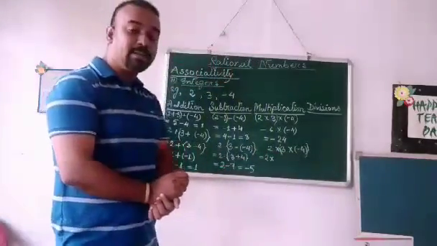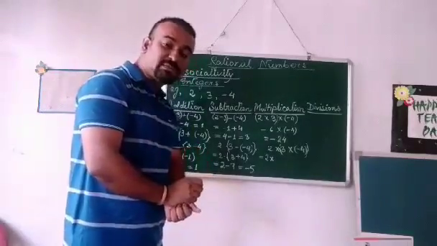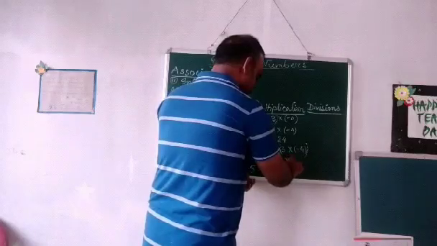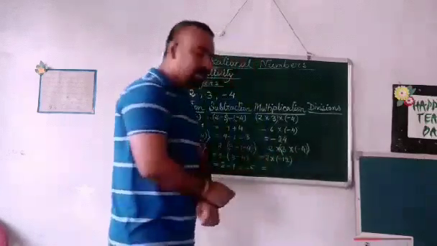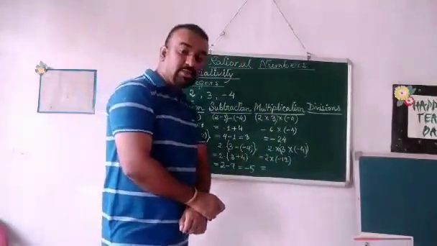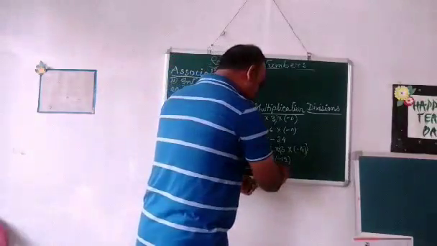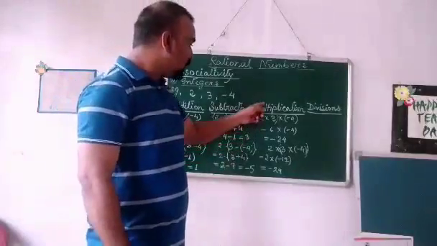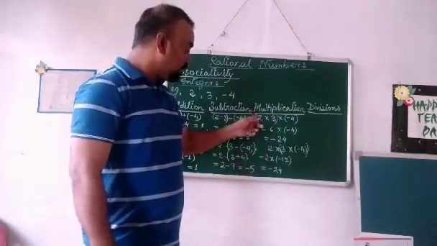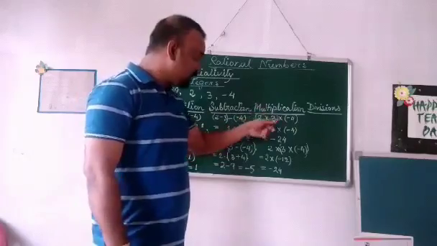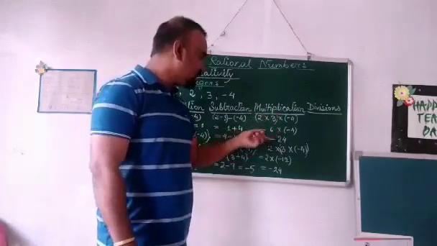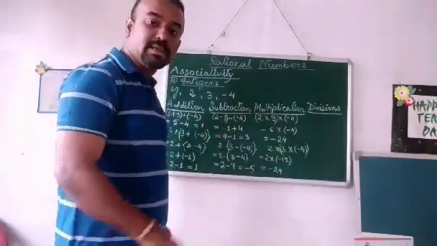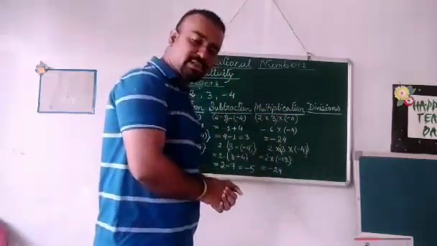So when you multiply 3 and minus 4, you will get minus 12, and when you multiply 2 and minus 12, it will be equal to minus 24. So here you have taken two examples, and the examples are the same, but you have done it in two different ways where combinations are different, and the results are coming the same. So in multiplication the answers are coming the same. Let us go to the division now.